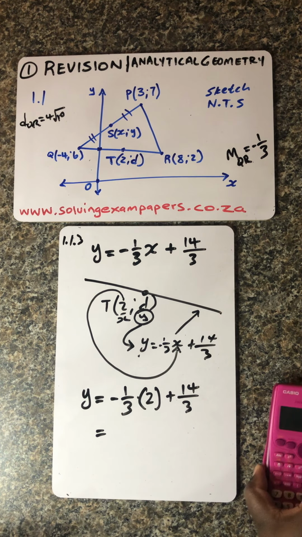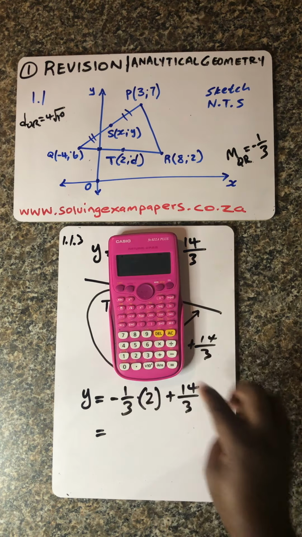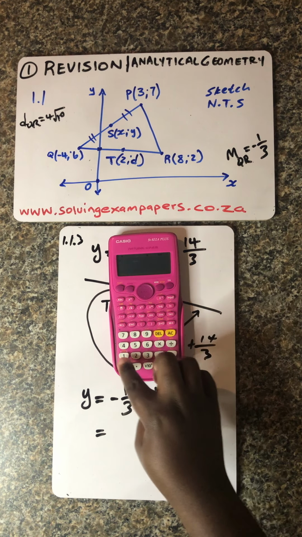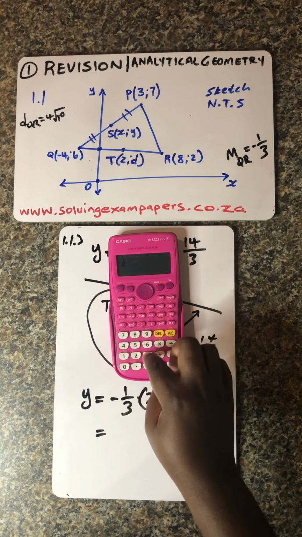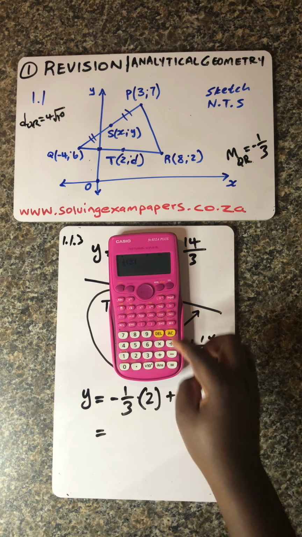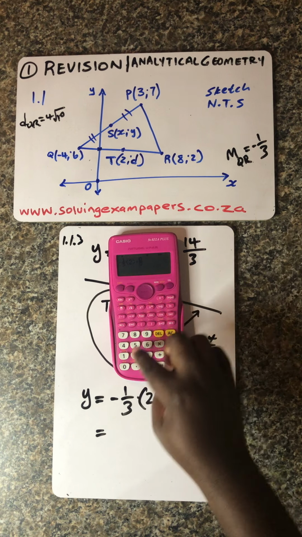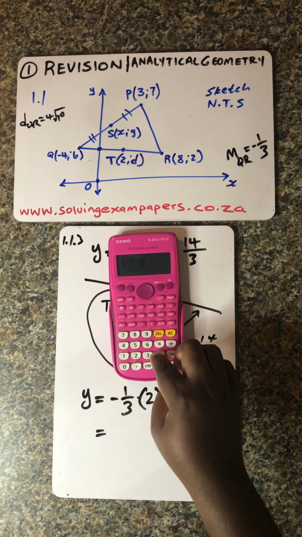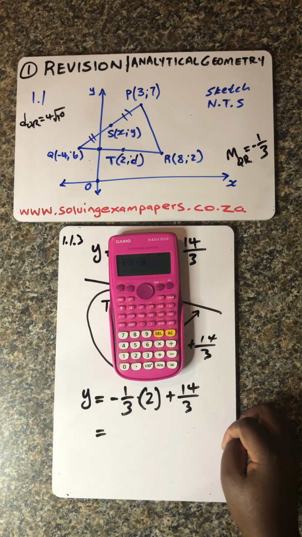So now let's substitute. You can just pull out your calculator and say -1 over 3 into 2 close, plus 14 over 3. Okay, so ladies and gentlemen, let me see.